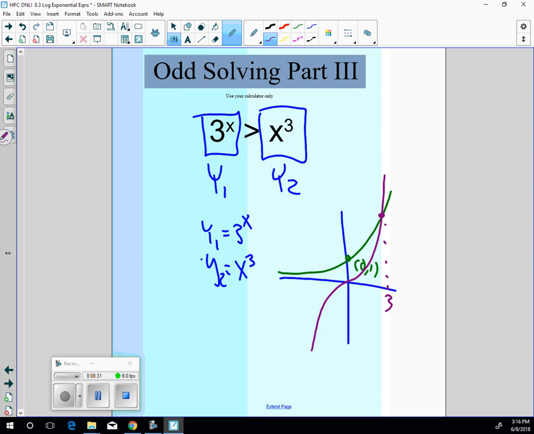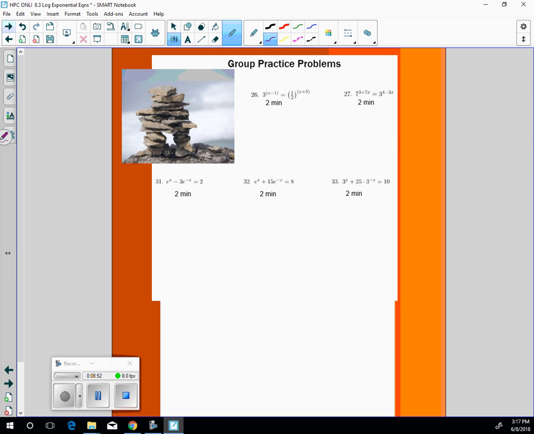And we want to know when 3 to the x, or the purple, is greater than the green. And it looks like green is higher than purple when x is less than 3. But you can use your calculator for that.